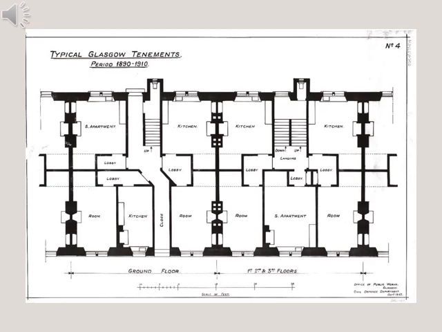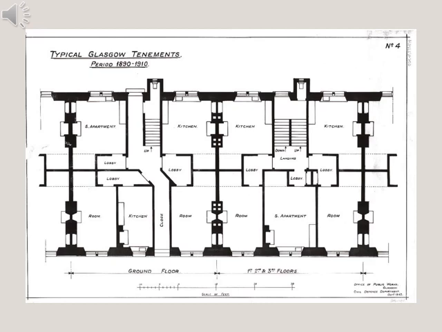This is an example of a tenement, a typical Glasgow tenement during the 1890 to 1910 period in New York. You can see that this isn't exactly big, and though there are kitchens in each of these individual apartments, there is not an individual bathroom, as we talked about last week during our immigration section.